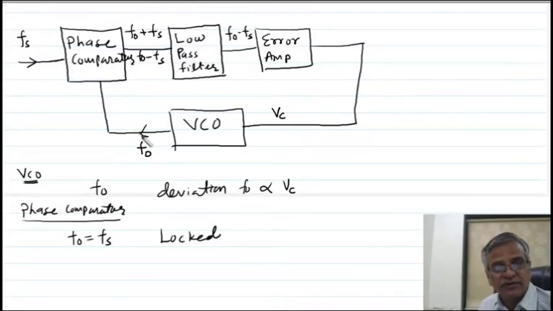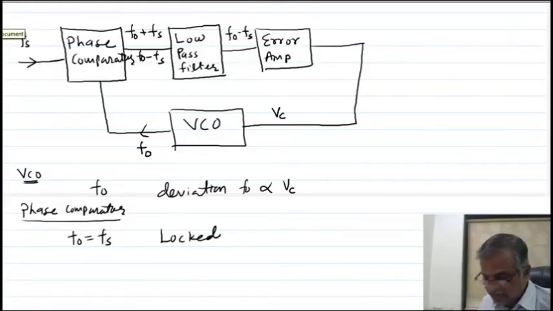When Fs is equal to FO, the circuit is said to be locked, and the PLL tracks the change in the input signal frequency.